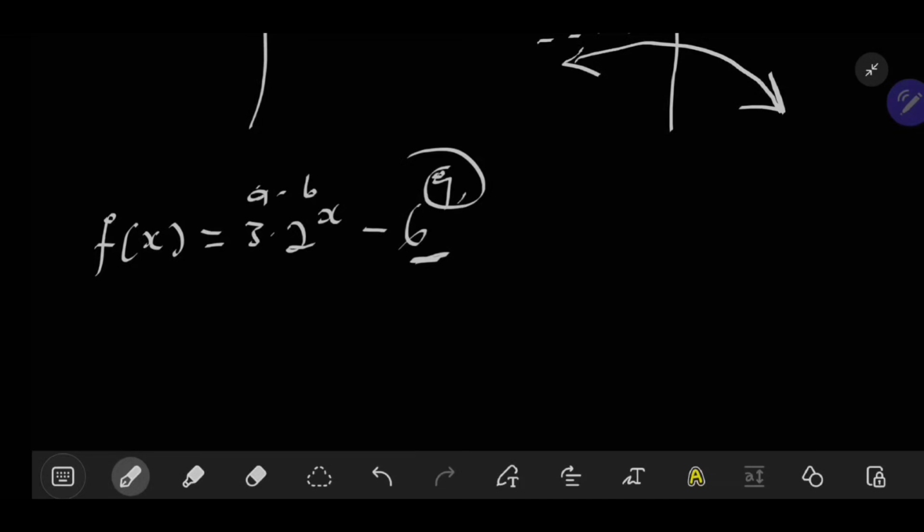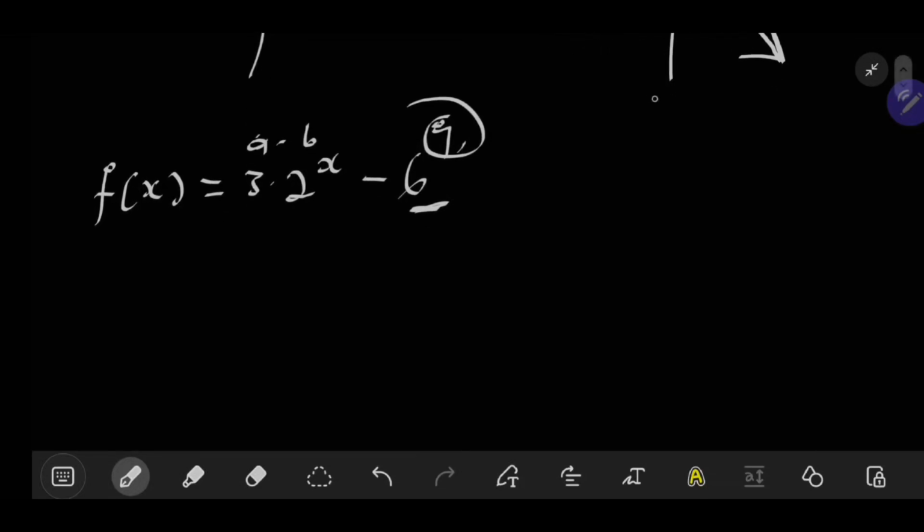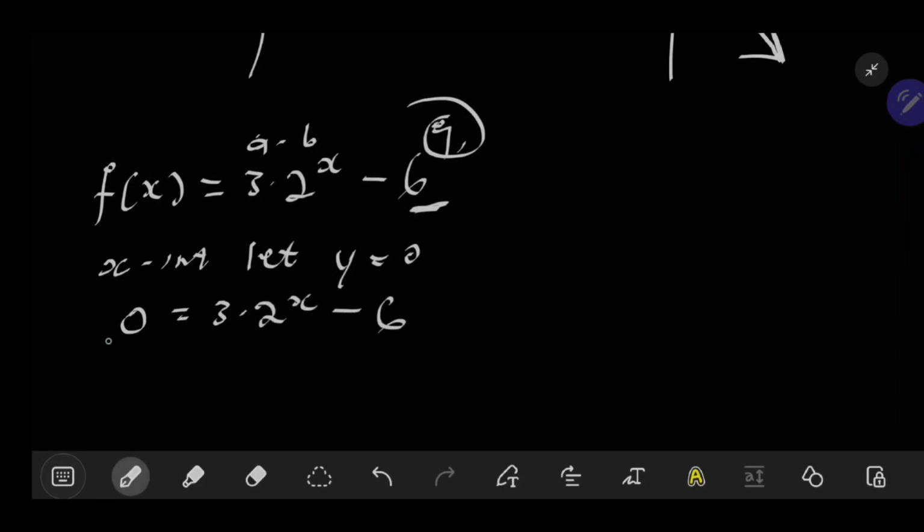The first thing that we need to do is to find our intercepts. For the x-intercept, we let our y value be equals to 0. Then we're going to have 0 equals 3 multiplied by 2 raised to exponent x, minus 6. We take the 6 to the other side, so we have positive 6 equals 3 multiplied by 2 raised to exponent x.